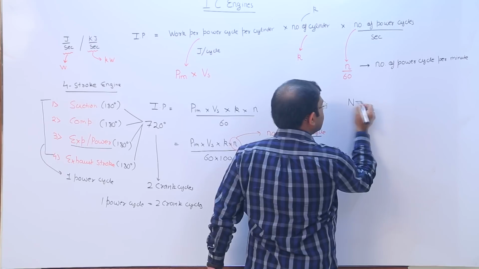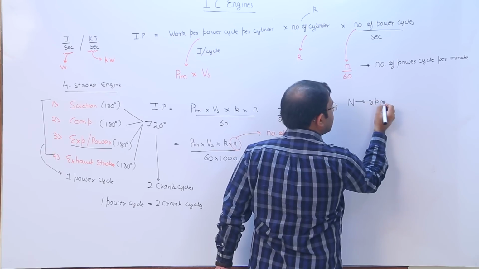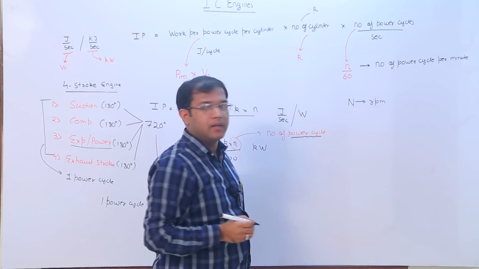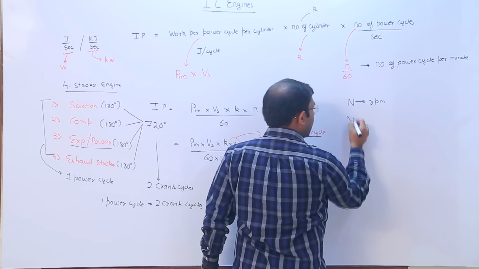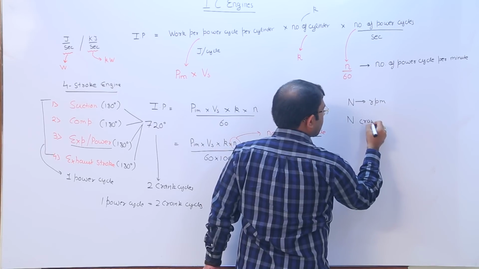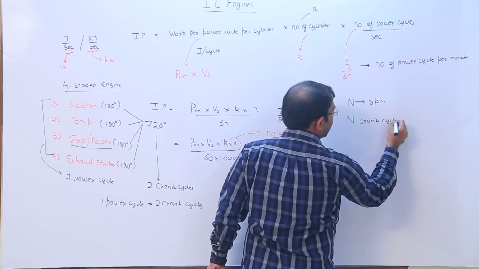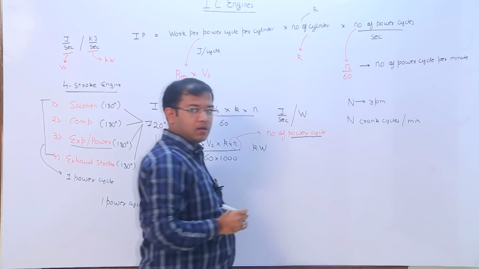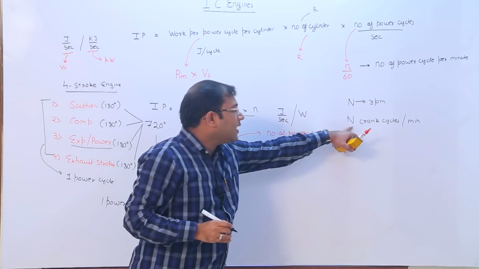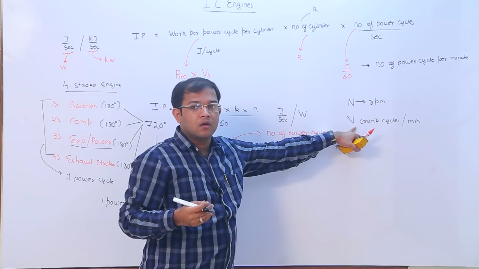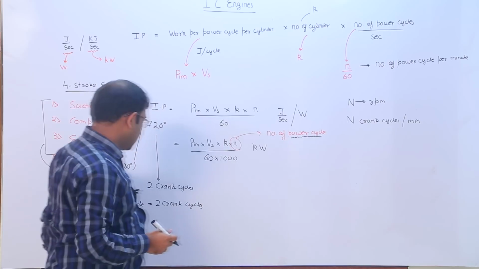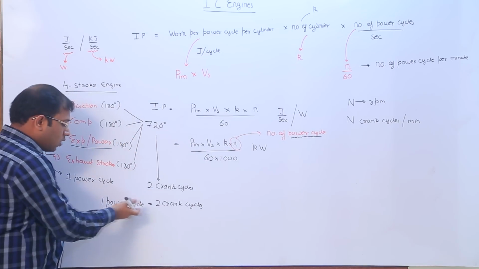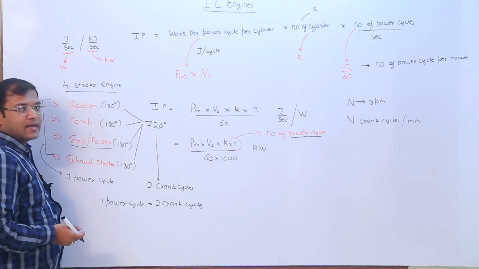So, here let N be your RPM, rotations per minute. That means your N crank cycles are taking place per minute. Is it okay? And we know that N crank cycles will be equal to the half of the power cycles.